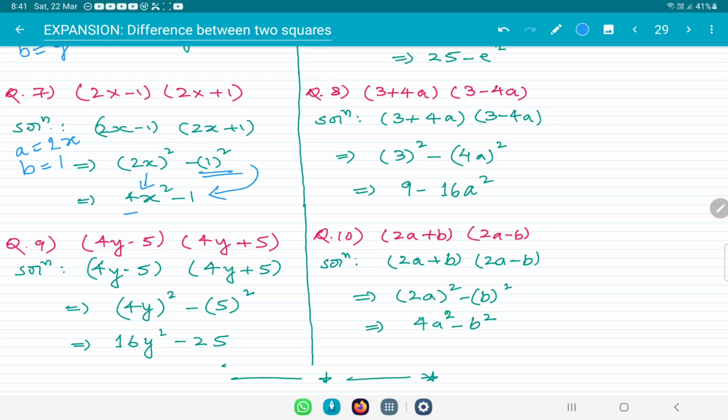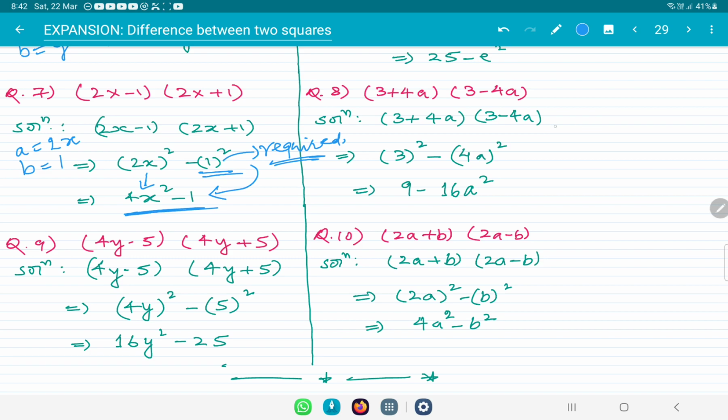So in the final answer you will write 4x square minus 1. But this step is required. You have to show that I am doing 1 square, but since 1 square is always 1, in the final answer we will write only 4x square minus 1.